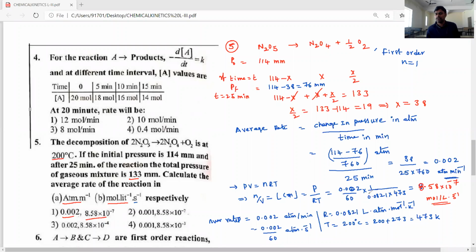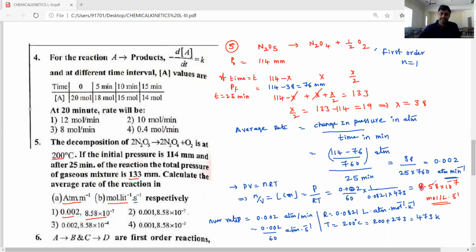We divide by R and T, using R in liter atmosphere per mole per Kelvin, that is 0.0821, and temperature 473 kelvins. Substituting all values in the P by RT formula, we get the average rate in terms of mole per liter per second as 8.58 into 10 to the power of minus 7.